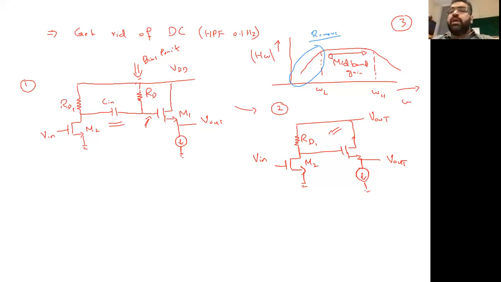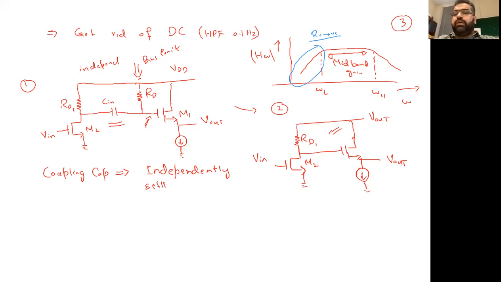Okay. If I use this Cin, I can independently set the values for M1 and M2 by using a coupling capacitor. A coupling capacitor helps me in independently setting the bias potential of M1 and M2.